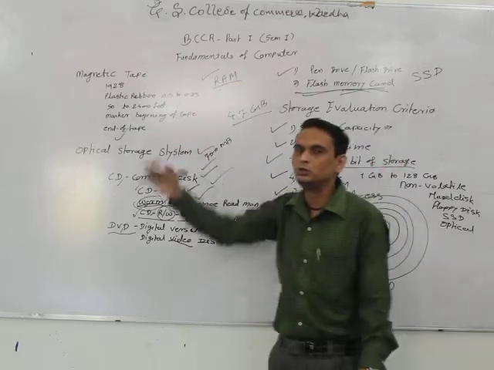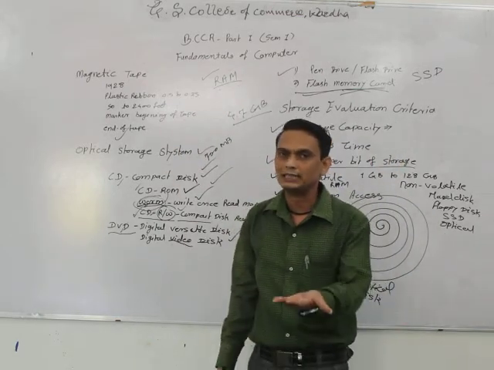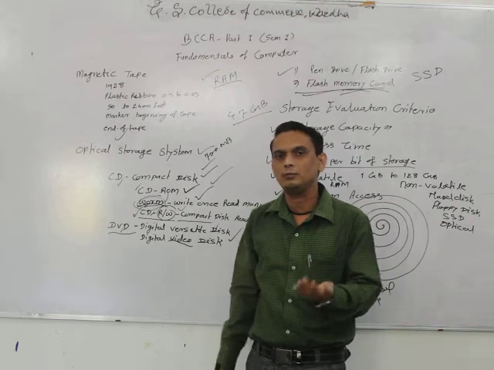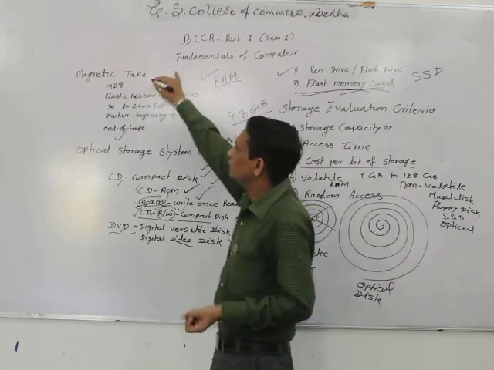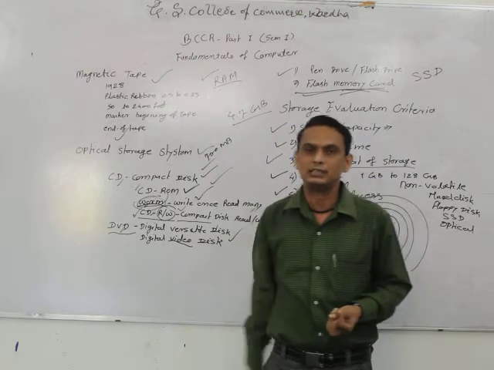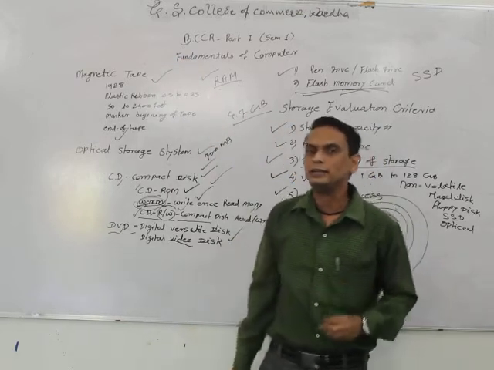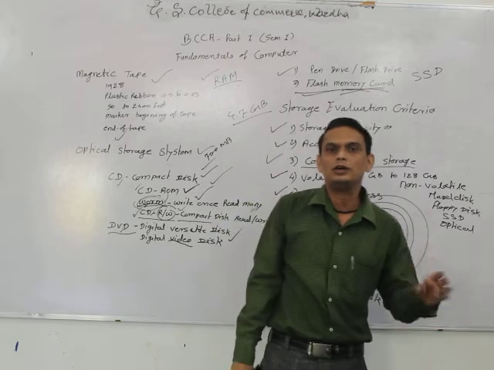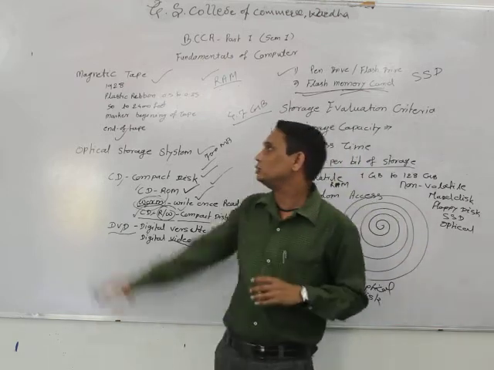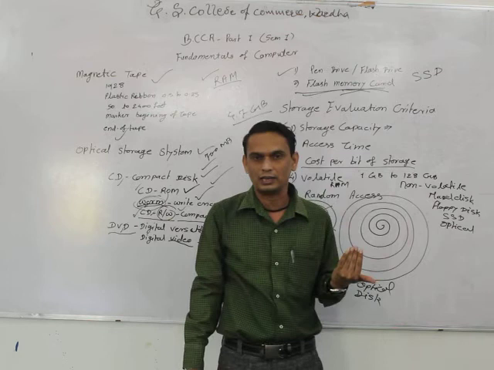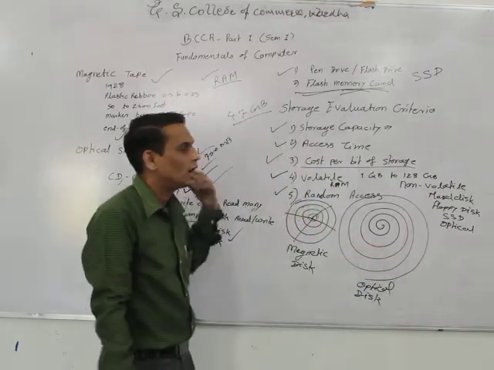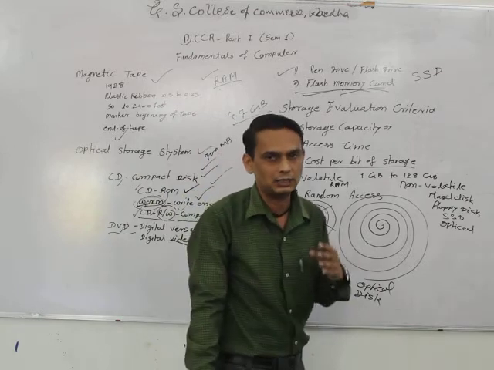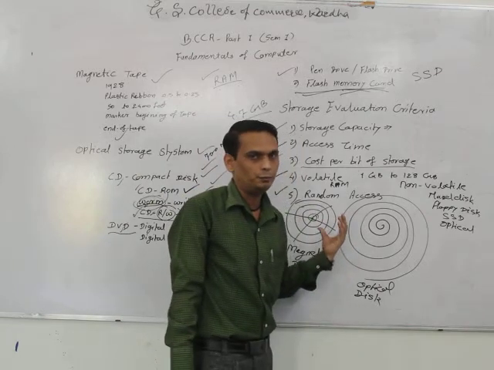The data stored in the RAM can be accessed anywhere or anytime from any location. But magnetic tape is a sequential access method, where the data is stored in sequential order, but RAM uses the random access method.